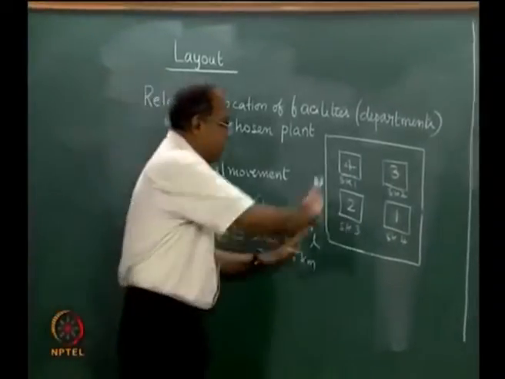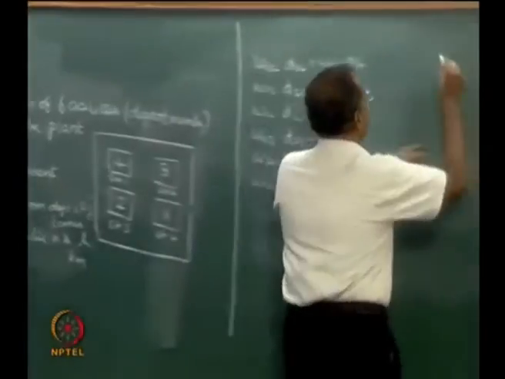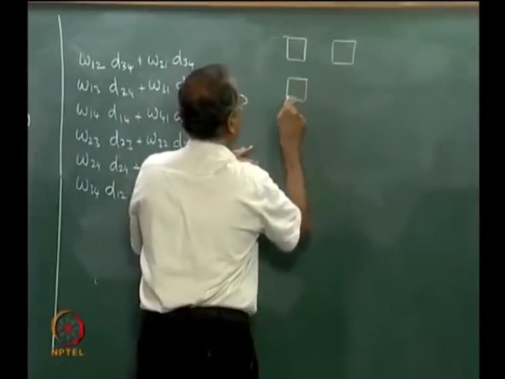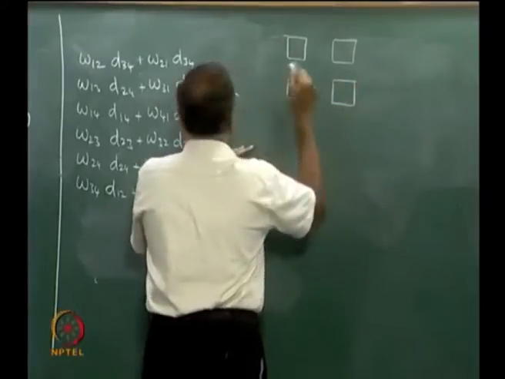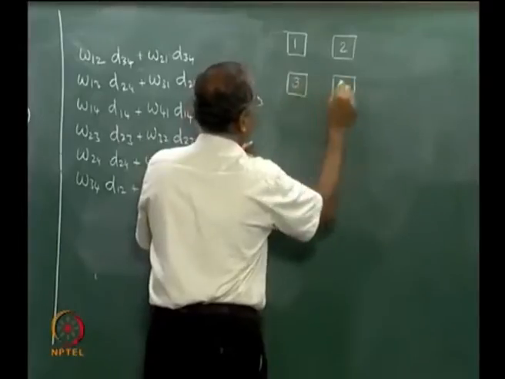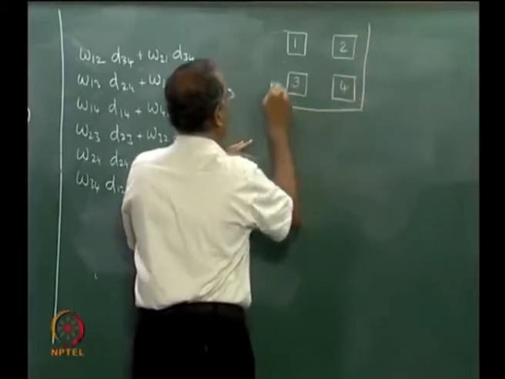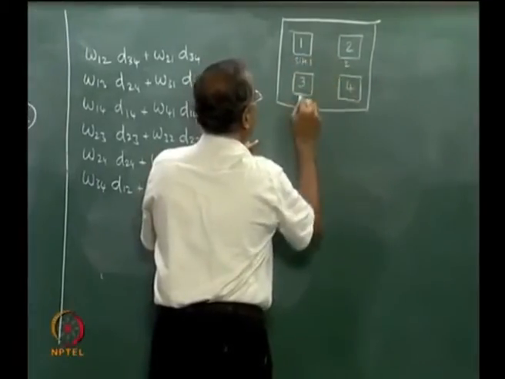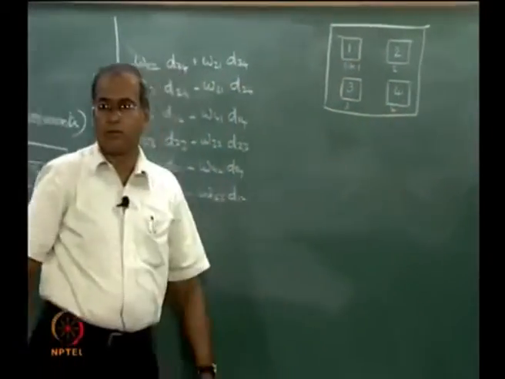But if on the other hand we do not follow this layout, but instead we follow some other layout like this, where say 1 goes to 1, 2 goes to 2, 3 goes to 3 and 4 goes to 4. This is site 1, site 2, site 3, site 4.